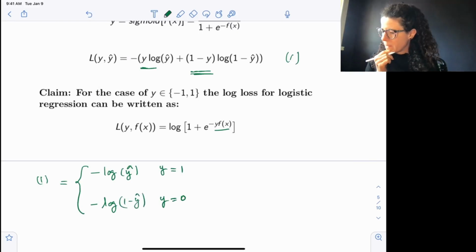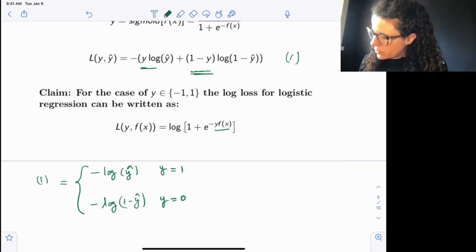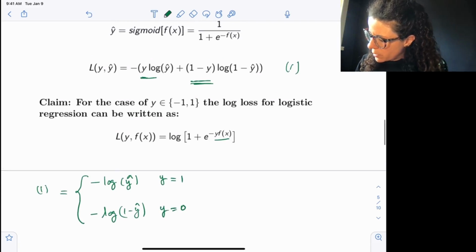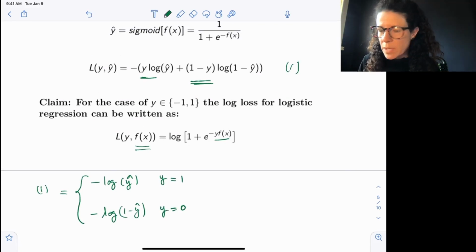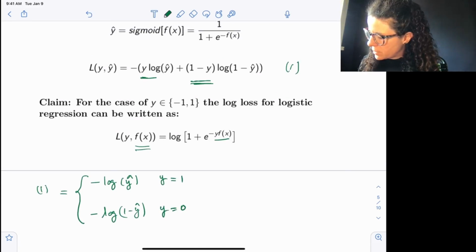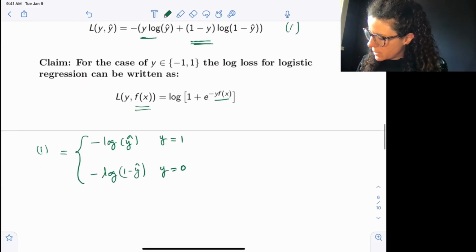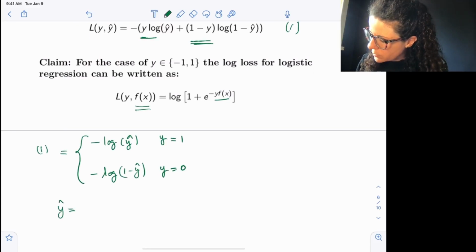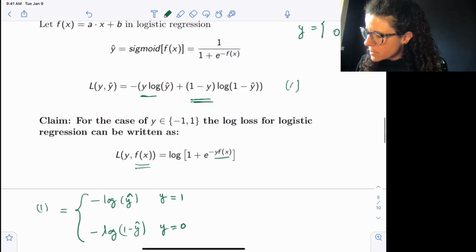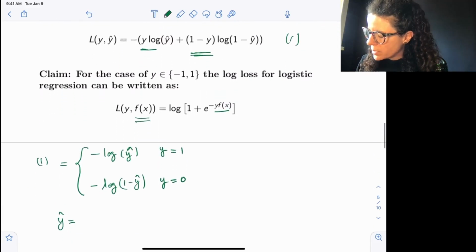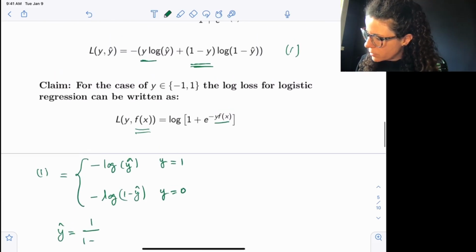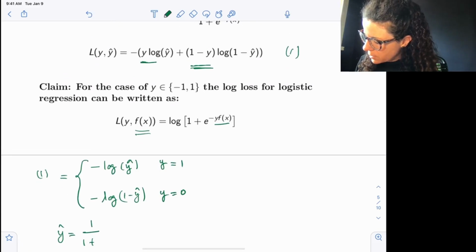Okay? Now, I would like to write all of this in terms of f of x. So let me simplify this formula. First of all, remember that y hat is a sigmoid of f of x, so it's 1 over 1 plus e to the minus f of x.